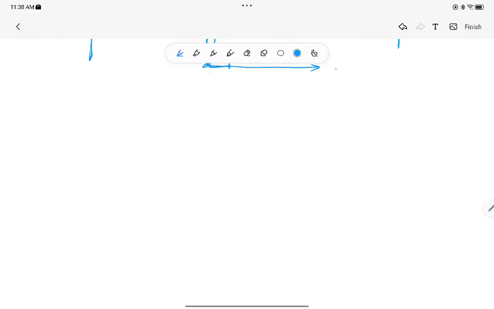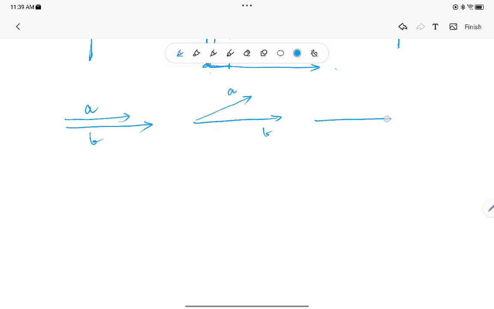Now come to the point. You have two vectors like this, A and B, or two vectors like this. Next, you have two vectors like this. Look at the difference.